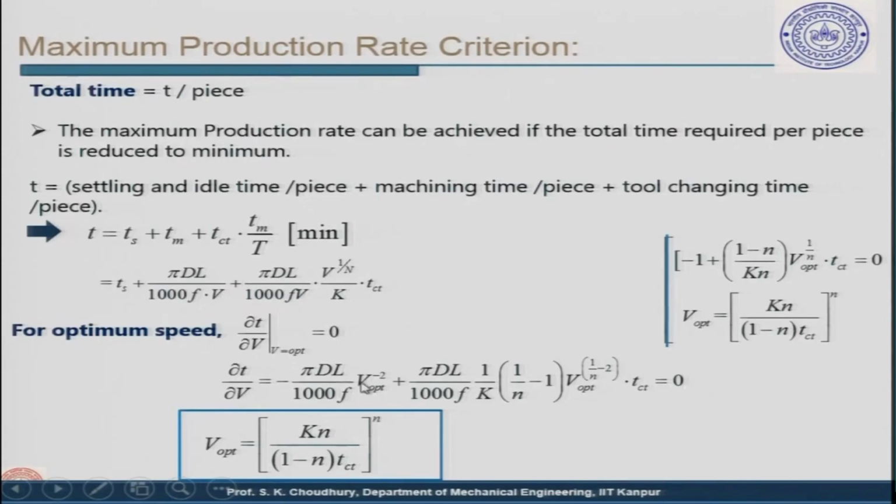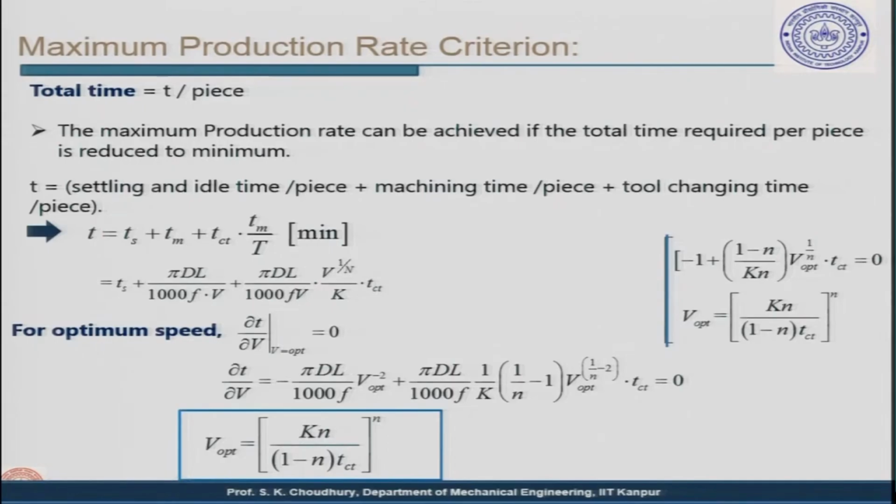Like we have done in the earlier case, if you simplify this, the whole thing will be common, and the V optimum will be equal to k n divided by 1 minus n into Tct to the power small n. So, small n and k are the constants.